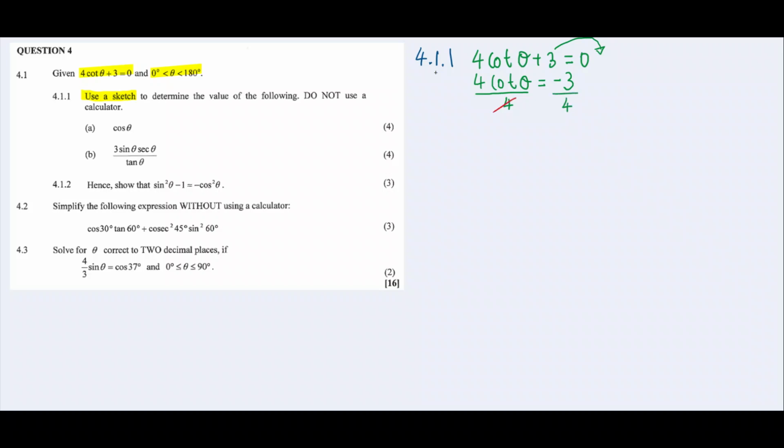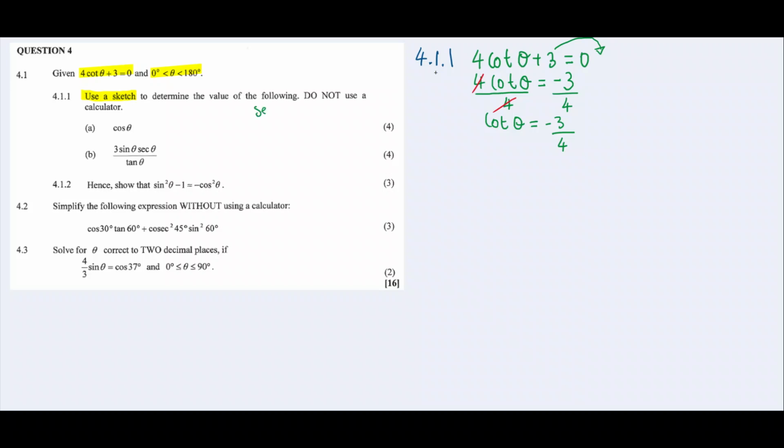Divide both sides by 4, and the 4 cancels with the 4 here, and on the right hand side we'll have cot theta. So cot theta is equal to -3/4.